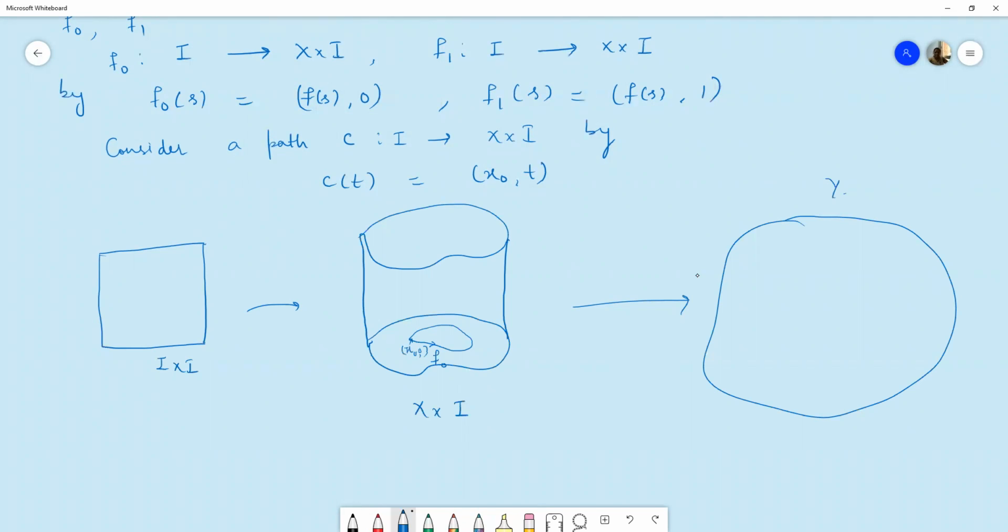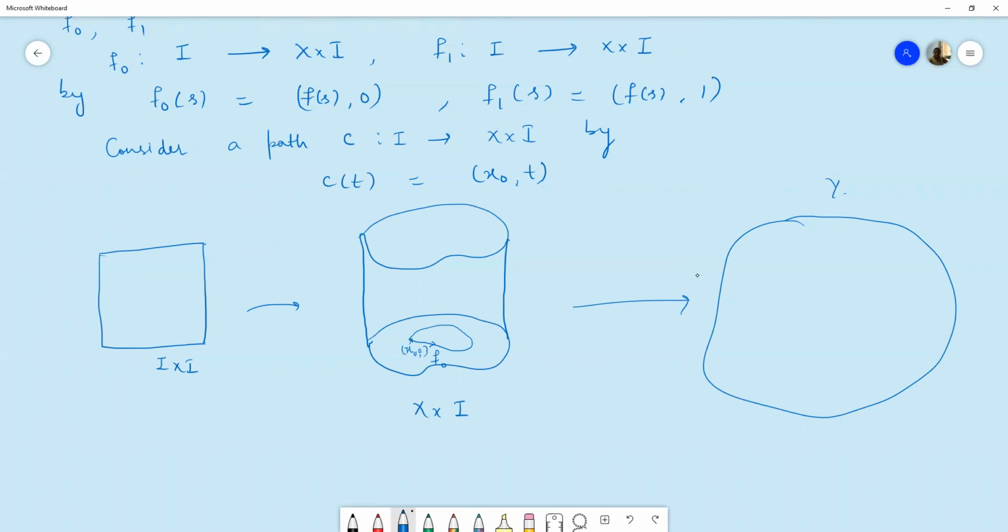Now because F is a path in space X, the base of this cylinder is basically the space X. And if this is path F based at point x0, we have defined F0 to be the same path F, but in the base of the cylinder. So this is path F in the base of the cylinder, which means this is F naught, which is based at point x0 0.